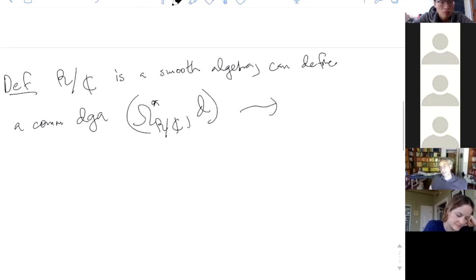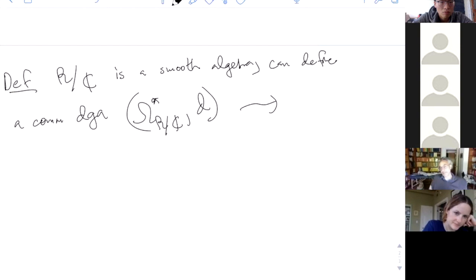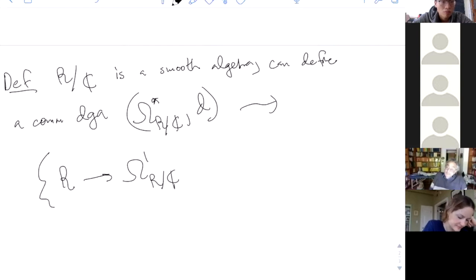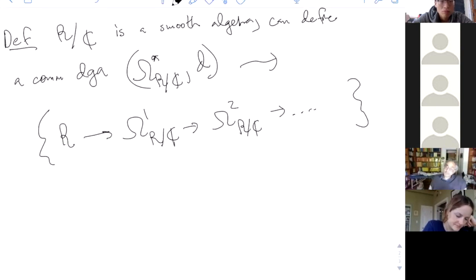In degree 0, you just have the ring R, and in degree 1 you have the algebraic 1-forms of R over C. That's the module of Kähler differentials of R over C, a finitely generated projective module in this case because we have a smooth algebra. Then we continue and take a second exterior power, and so forth.